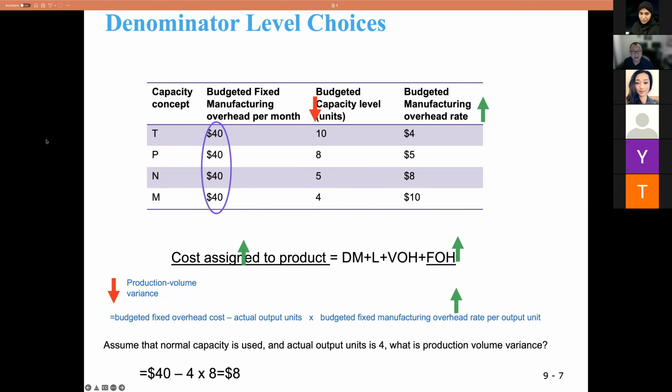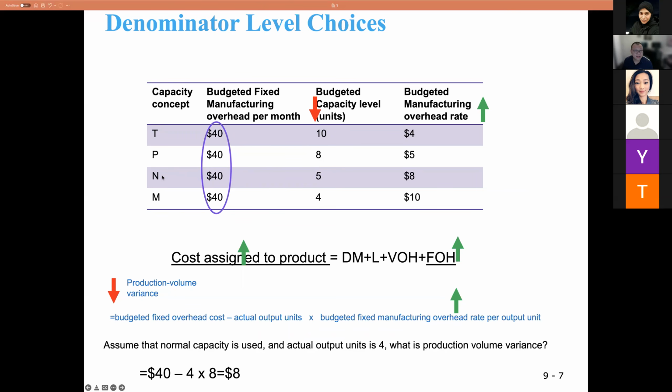Practically, I can probably make 8, because there are delays, inspections, and maintenance. So that's the idle time, and that's why it's lower. So theoretical is always higher than the practical capacity.